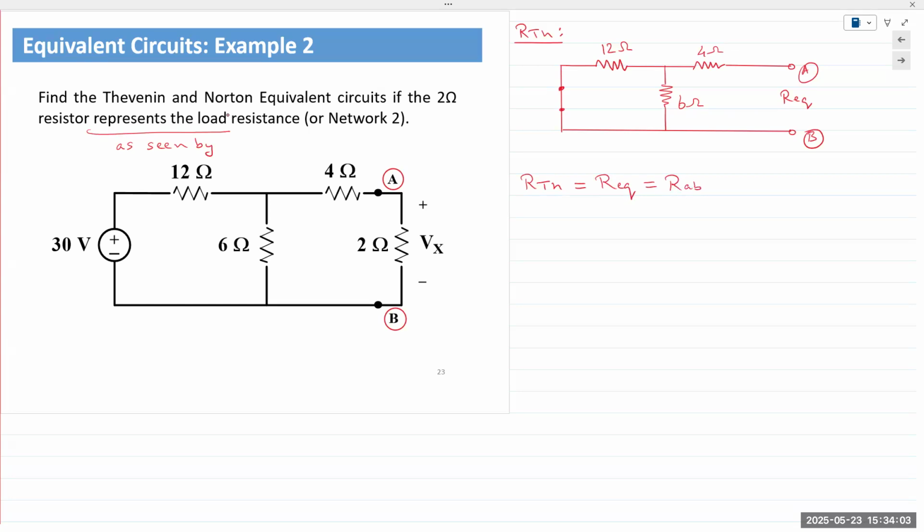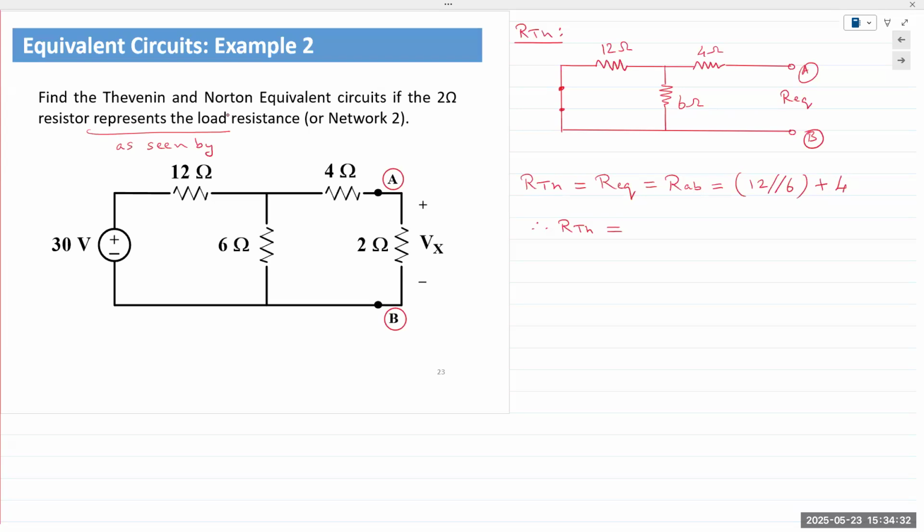What do we see at the far end? 12 in parallel with 6 plus 4. 72 divided by 18. What do we have? 8 ohms.